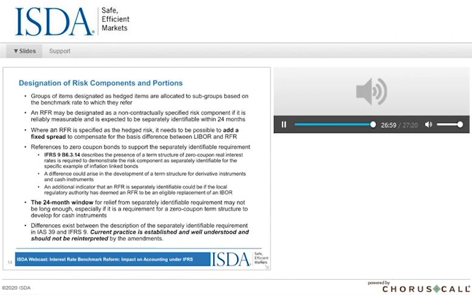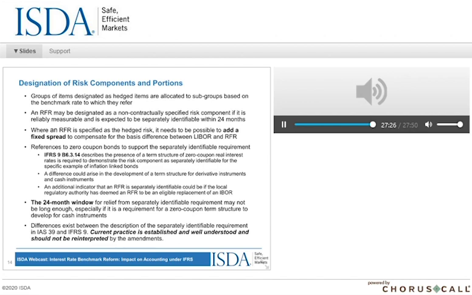Thank you, Steve. This slide, number 14, considers the points with respect to the designation of risk components and portions. Under the proposals in the ED, for groups of items that are designated as hedged items, the IASB will provide reliefs, such that as they transition from IBORs to RFRs, they are allocated to subgroups based on the benchmark rate to which they refer. This was just mentioned by Steve.